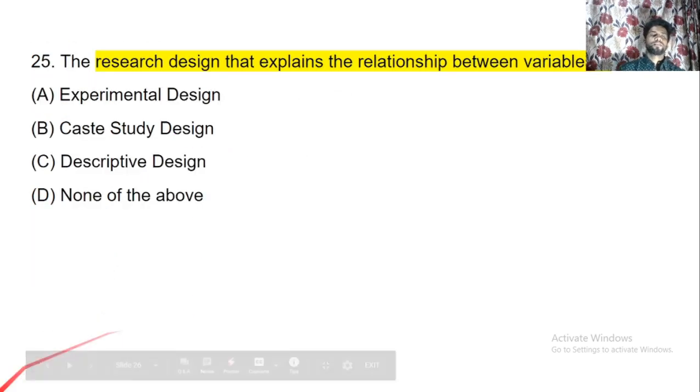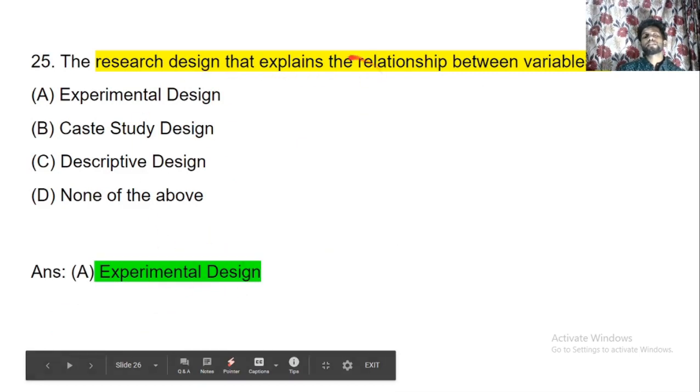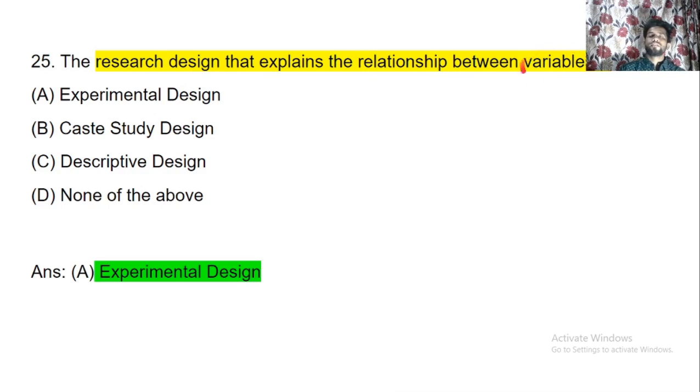Now next question. The research design that explains the relationship between variables is the experimental design. In experimental design, the research design explains the relationship between the variables.